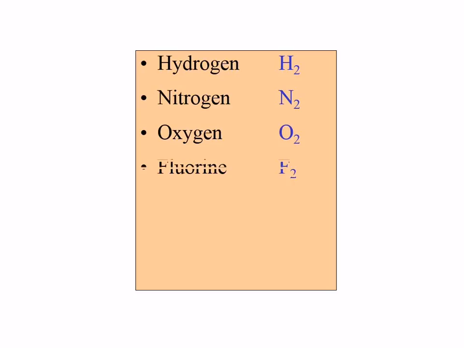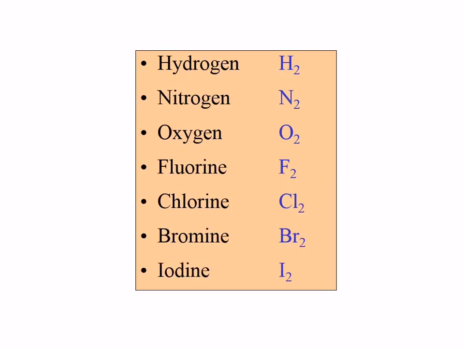Oxygen, fluorine, chlorine, bromine, and iodine. Yeah, iodine is a solid, a pretty purple solid, and actually bromine is one of our 2 liquids. But these others are gases. Funny how that is. The heavier they get, the more likely they are to not be a gas.